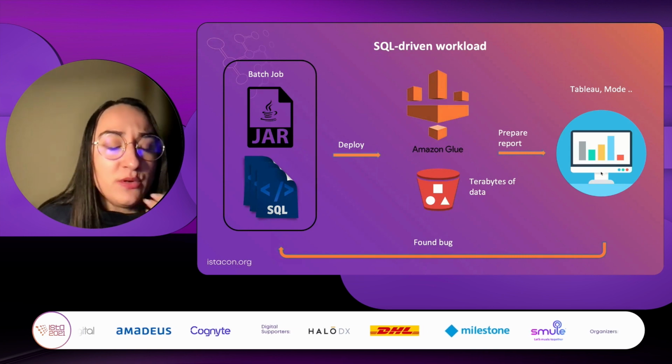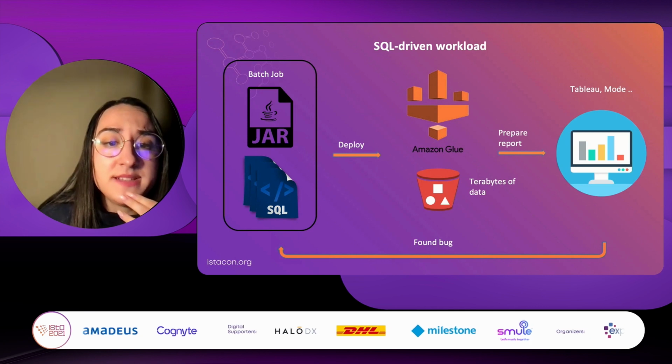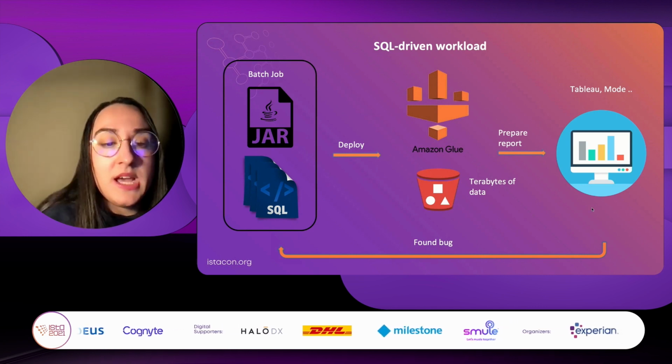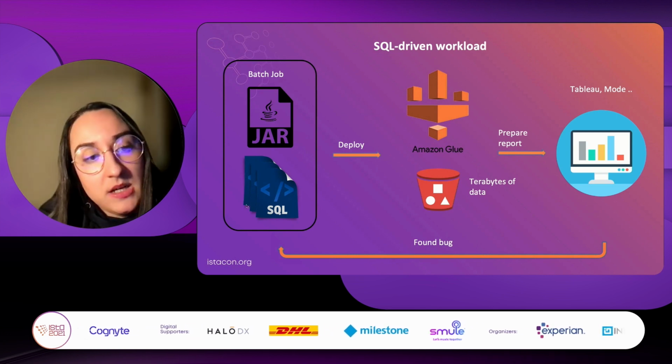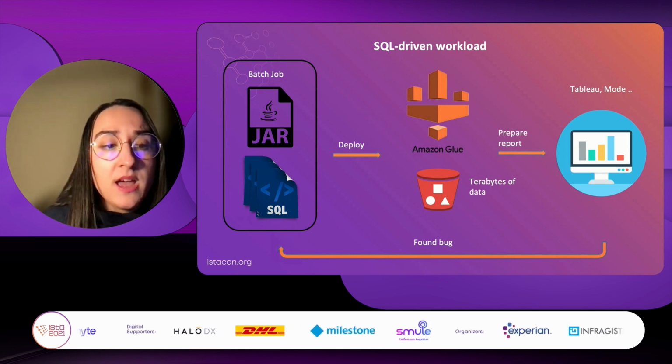So these dashboards and visualizations will be used by different stakeholders to take different business decisions. And imagine I'm the developer of this batch job and I made a mistake in my SQL query.